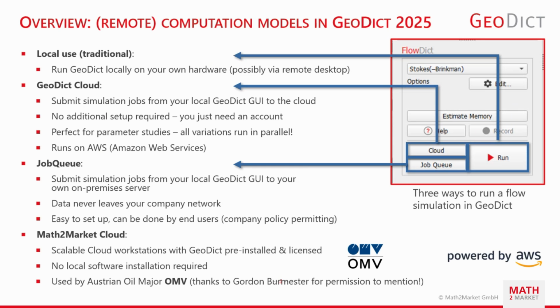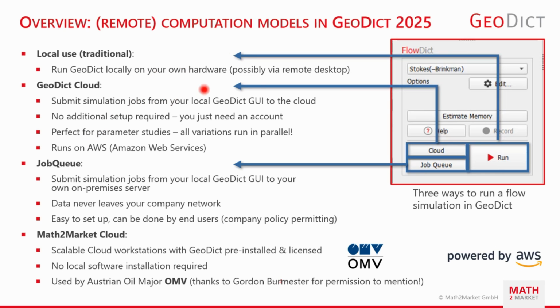So as an overview, for those used to an older GeoDict version, we now have this in the module dialog where you can run a simulation. We have extended this button cluster now, and of course the traditional way to run a simulation, if you're within FlowDict, would be to click the Run button, which executes the simulation right away on your local machine, on the machine that you're sitting in front of.